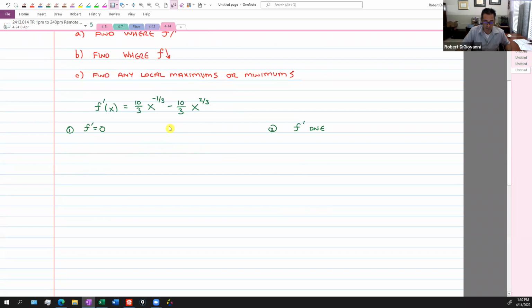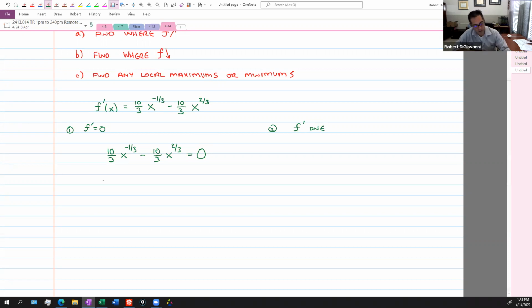Now, this derivative, I have to set it equal to 0 first. This is going to be a little tricky. The first thing I'm going to notice is that these both have a 10/3 in them, don't they?